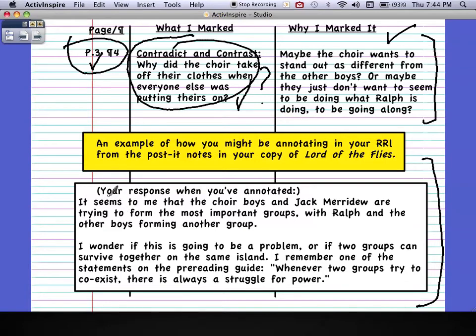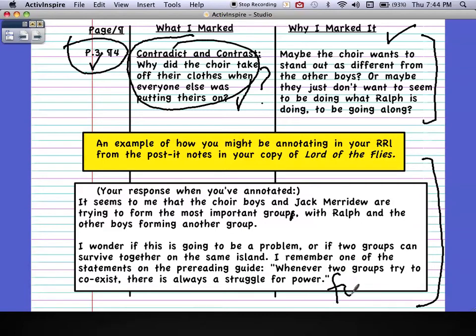Okay? It seems to me that the choir boys in Jack Merridew are trying to form the most important group, with Ralph and the other boys forming another group. And now I wonder if this is going to be a problem, or if two groups can survive together on the same island. The connection I made is I remember one of the statements on the pre-reading guide that we talked about in seminar. Whenever two groups try to coexist, there was always a struggle.